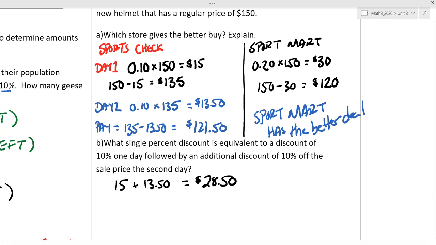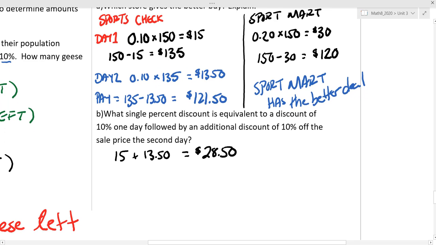Okay, so what percentage is that? So you go, well, what's $28.50 out of the price of the helmet? So you go $28.50 divided by the price of the helmet was $150, right? That's how you calculate percentages, is your mark, your score out of the total, right? So our total is 150. You got $28.50.